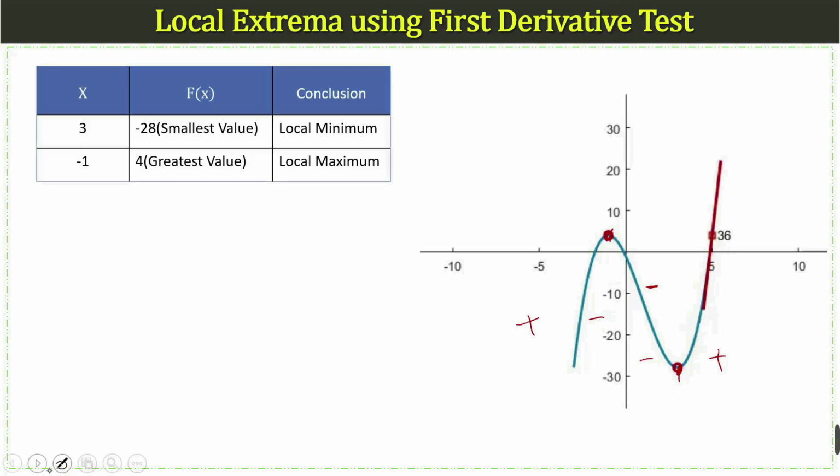We concluded that at the critical point x equal to 3, the value of the function is minus 28, the smallest value, and at the critical point minus 1 it is 4, the greatest value. So at this point the function has a local maximum, and at this point the function has a local minimum.